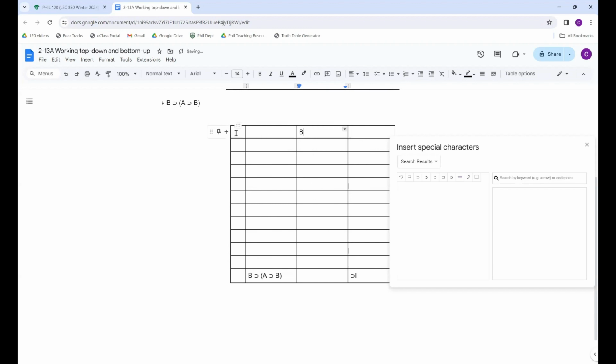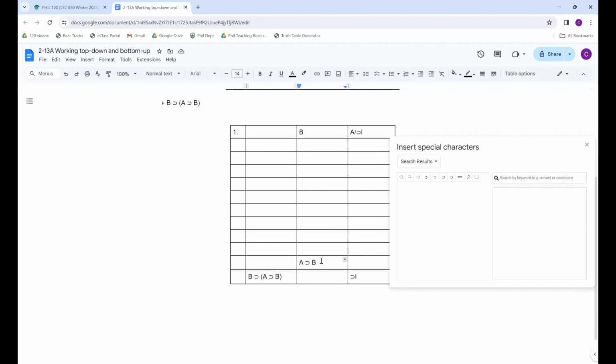So it's going to have to start with B. That will be our line 1. This is going to be labeled assumption for conditional introduction. And then the subderivation will end with if A, then B. And no line number, and we don't know how we're going to get this yet. So we have this so far.